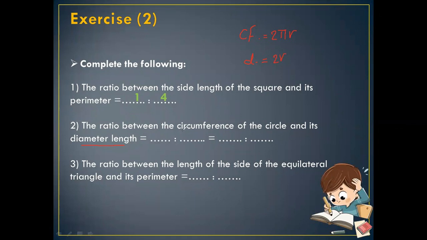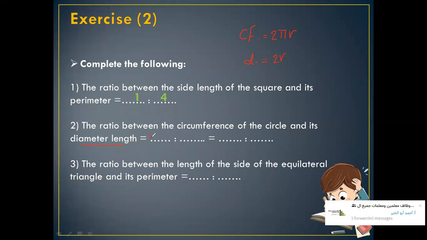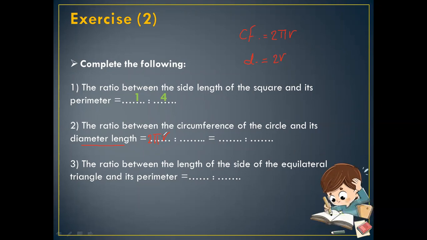He asks you the first is the circumference of the circle, so it will be 2 pi r. And about the second one, we have 2r. Now we have the same numbers on both sides, so I will ignore them.